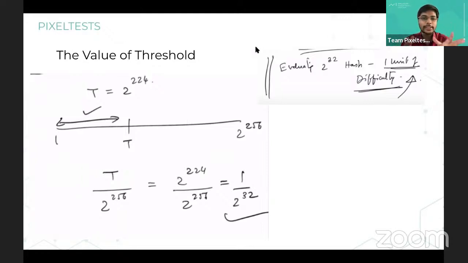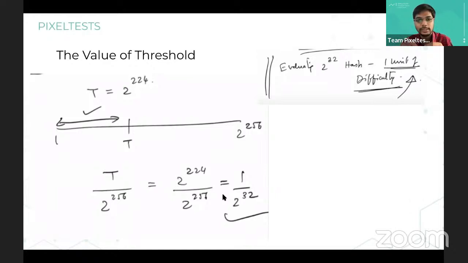So the logic that Professor Pandurangan sir explained, when Ravindra sir asked whether there is any logic for choosing 224, is this: the threshold being set to 2 power 224 gives the total number of attempts that a person can make, which becomes 2 power 32.